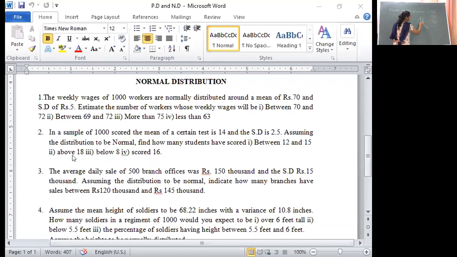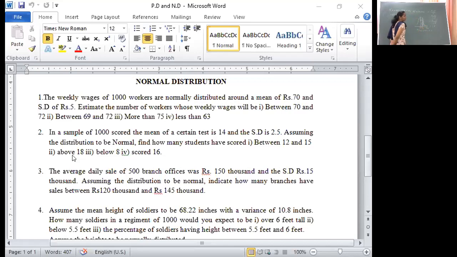Entire right tail, you know that this entire right tail value is 0.5. What is the property we studied? Probability of 0 less than or equal to z less than or equal to infinity is 0.5. Right now, we will write that. Entire right tail I will include, that is probability of 0 less than or equal to z less than or equal to infinity minus, because entire right tail we have included, this small portion we have to exclude.